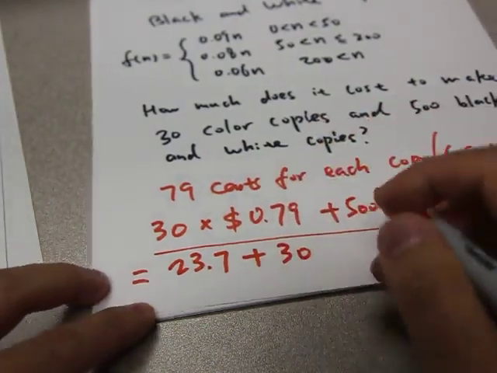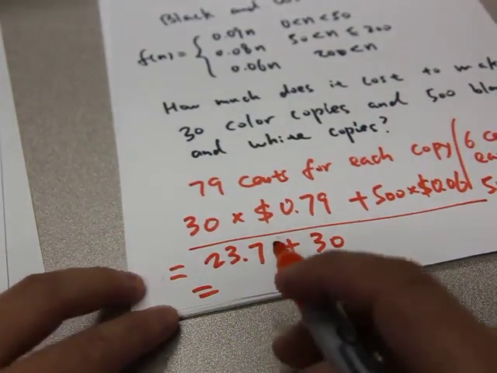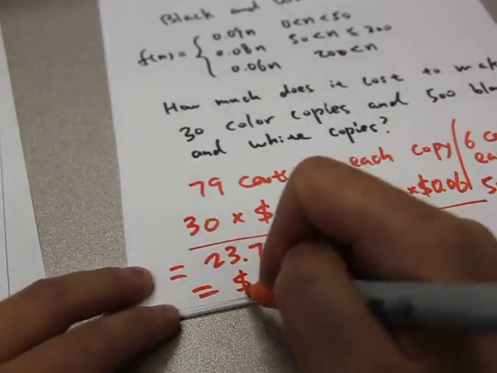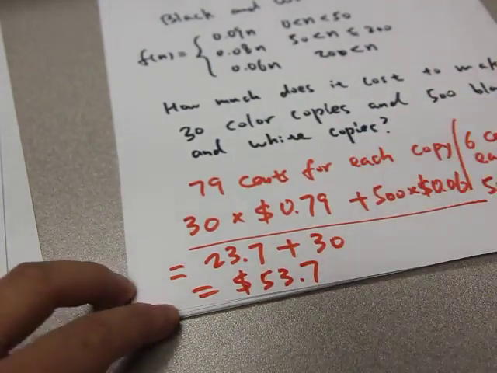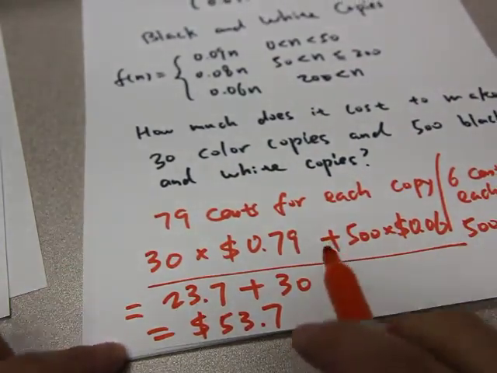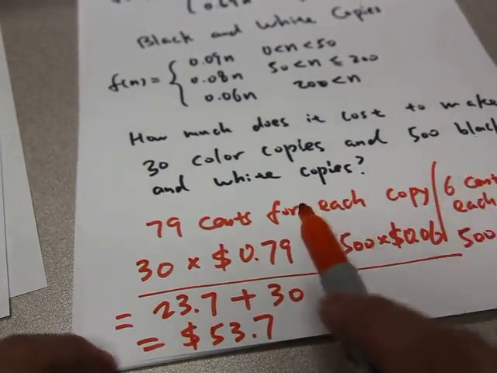So it's going to cost you $53.7 for making 30 color copies and 500 black and white copies.